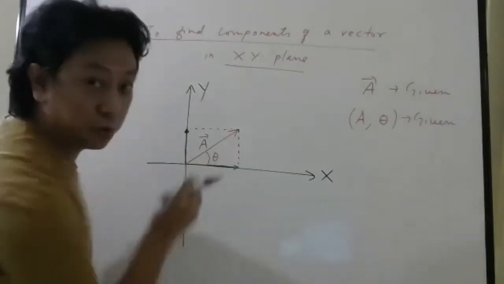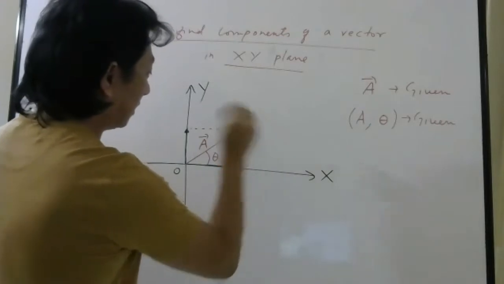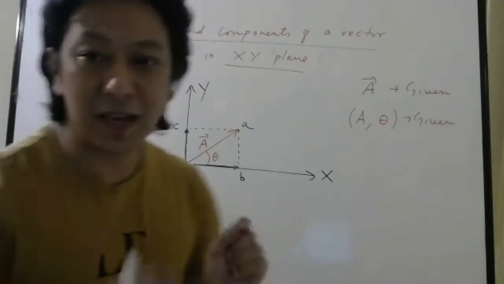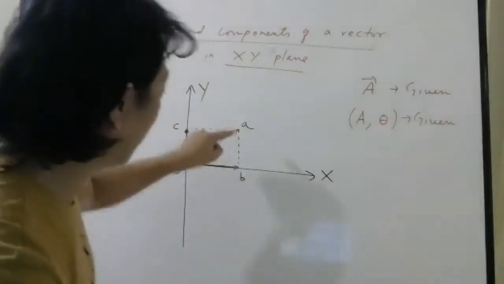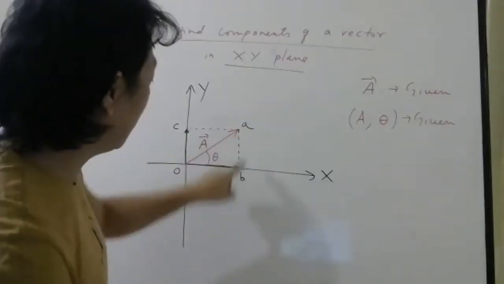So to name this, let us call this point O. Let us call this small letter a, small letter b, small letter c. These a, b, c are just names of these points, just to label the points. To label the points, I am using a, b, c, o.